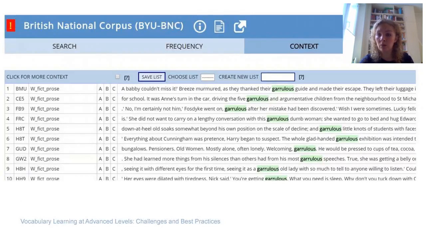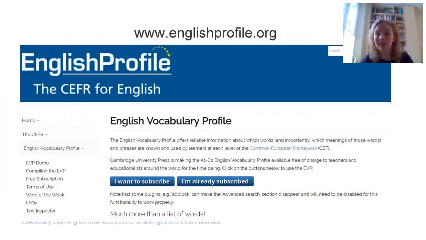So a guide, a woman can be garrulous. Garrulous is talkative, yeah. And again, this is kind of information you will never usually find in a dictionary, but the corpus will give you a fuller picture of a specific word and its usage. Right, I hope you're going to learn and love the B and C, I think it's just invaluable.